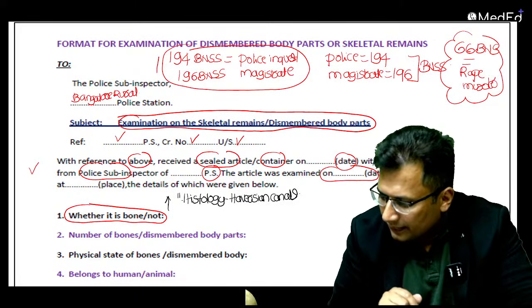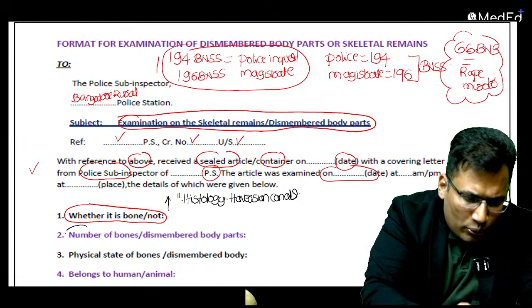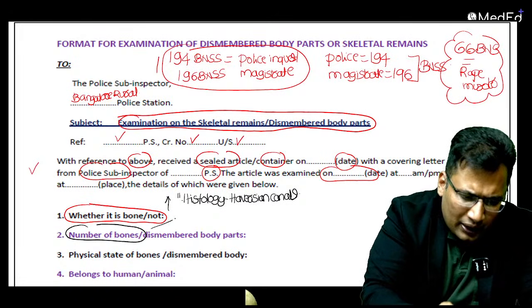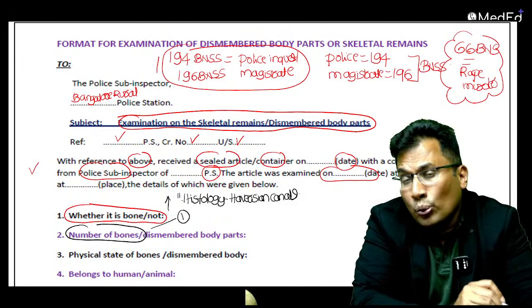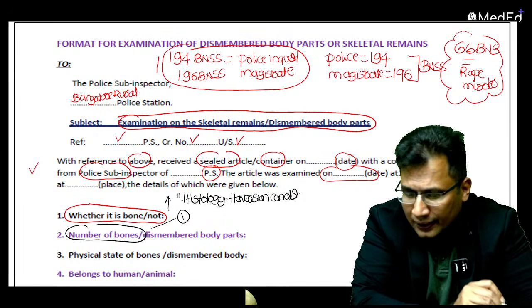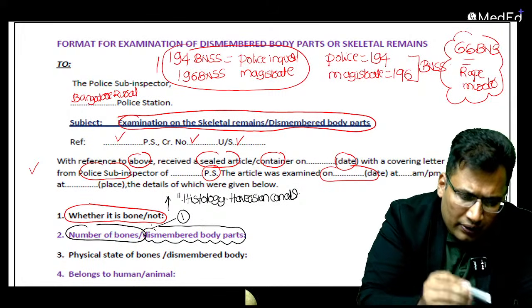Then comes the number of bones. So number of bones, usually in exam it is 1 or 2, or sometimes a bundle of bones in some universities. Dismembered body parts.